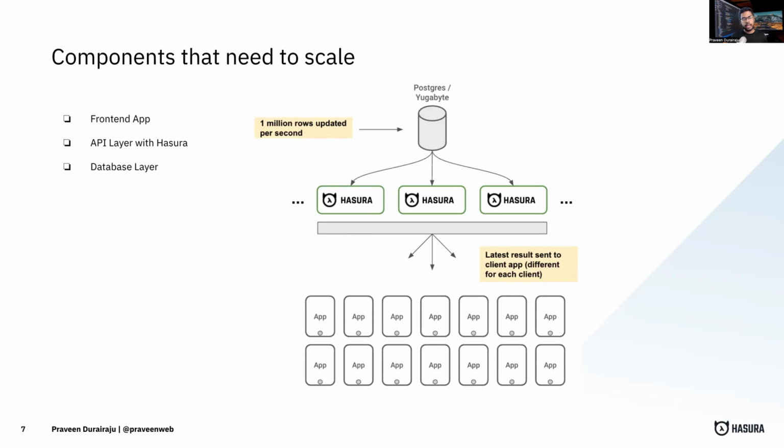Now, you need all of these individual components to scale independently, because you have your front-end app, which needs to serve clients across the globe and across regions, which means at any point of time, it could also be getting a spike in traffic for a particular region as well, which means your front-end should be scalable first.